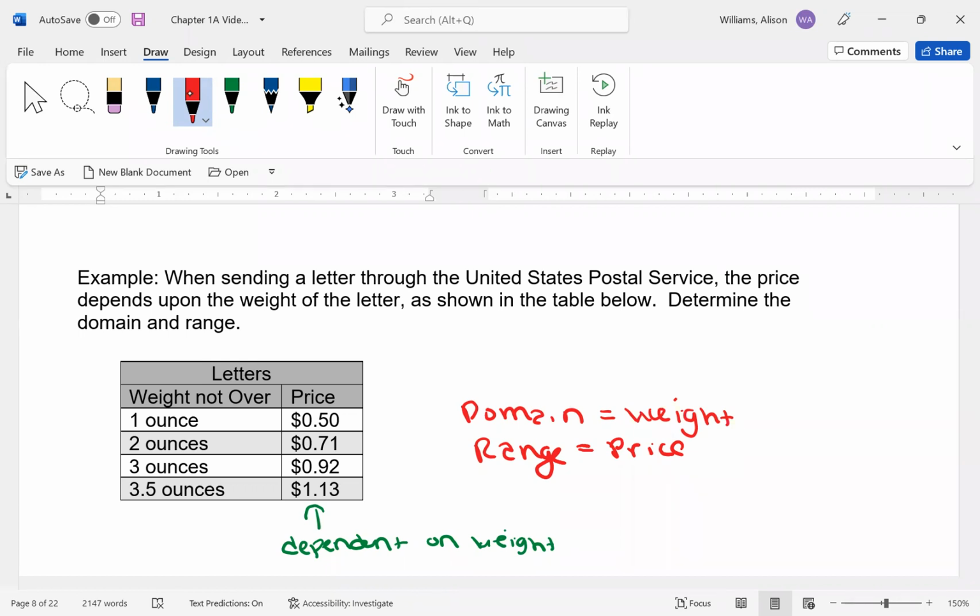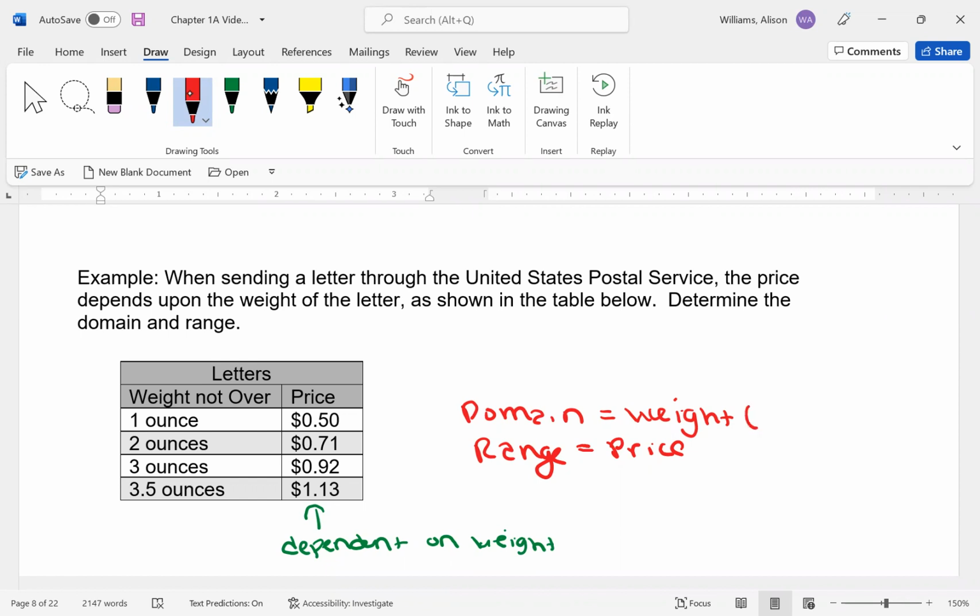So technically, in this scenario, we're talking about the weights of letters anywhere from a tiny amount up until 3.5.